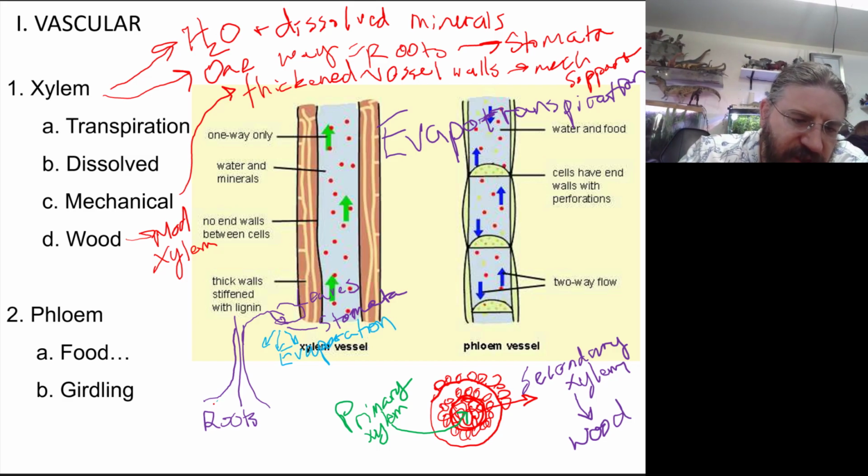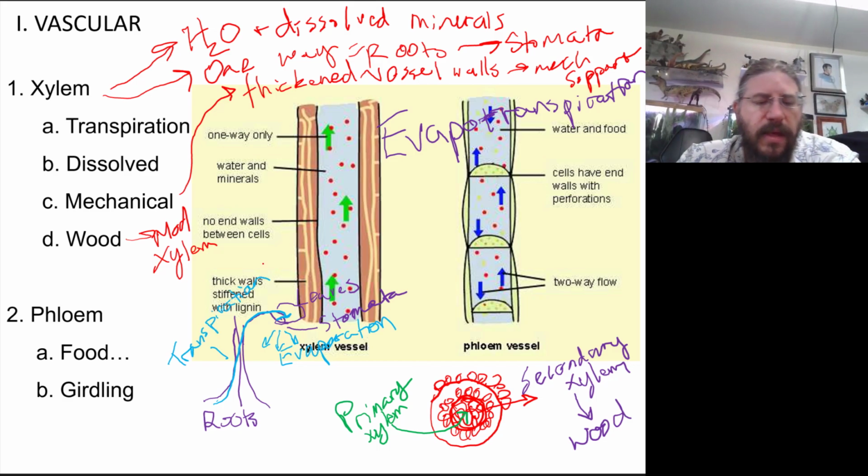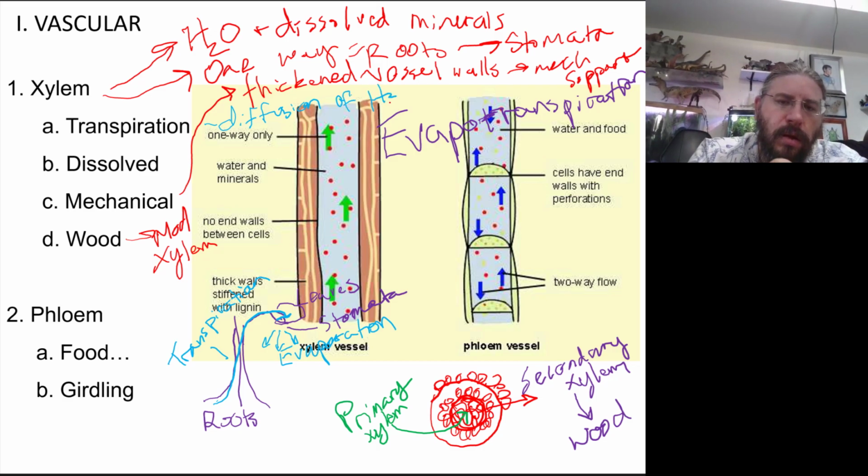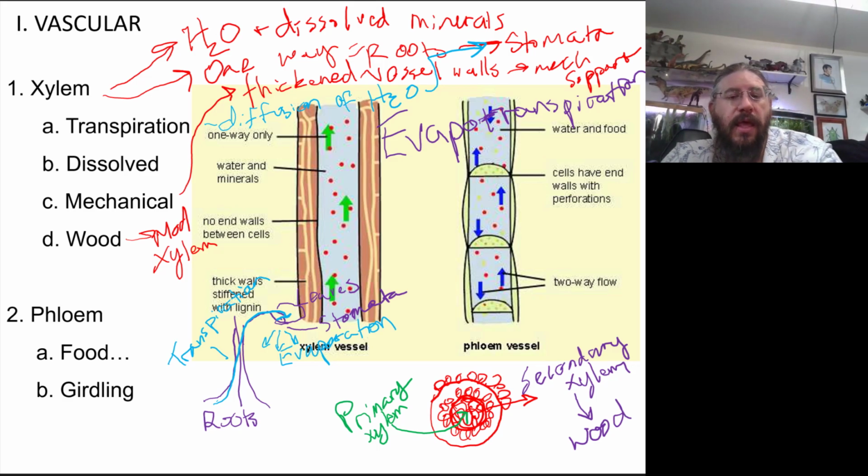So, traveling from the roots to the leaves to the stomata, that's transpiration. Transpiration is diffusion of water from the roots to the stomata.